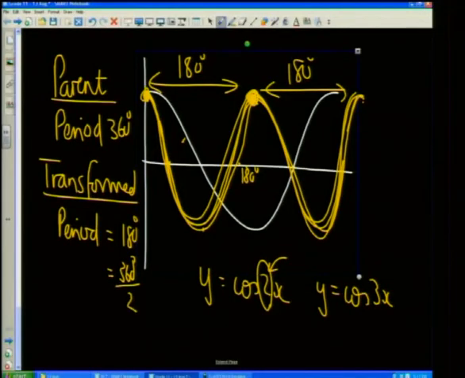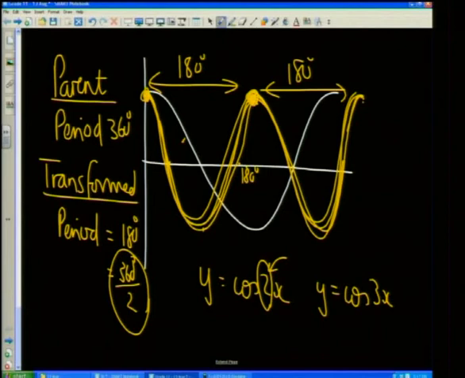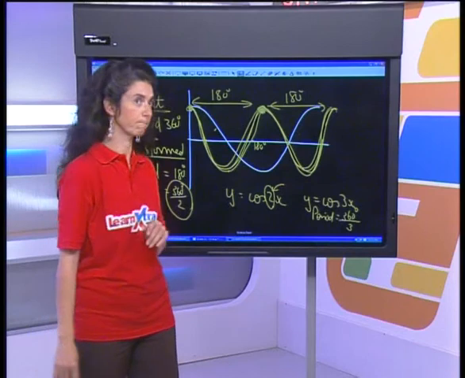So if we take these 2 values, we can see that's the period of the parent graph, that's the coefficient of the angle. So the period will change with respect to knowing the period of the parent and knowing the coefficient that you're working with. So with cos 3x, we could predict what the period is, because the period in this case would be the parent's period divided by the coefficient of x.